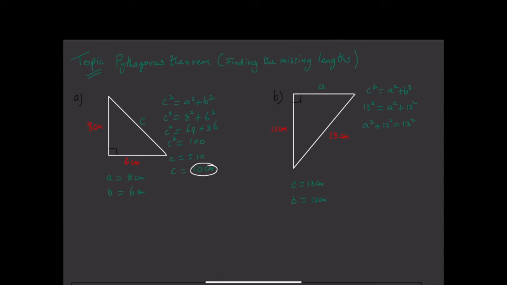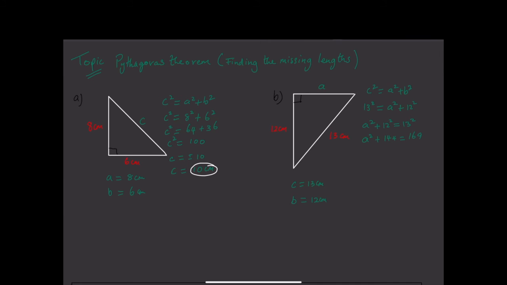Now we work out the values of 12 squared and 13 squared. So we write A squared plus 144 is equal to 169.